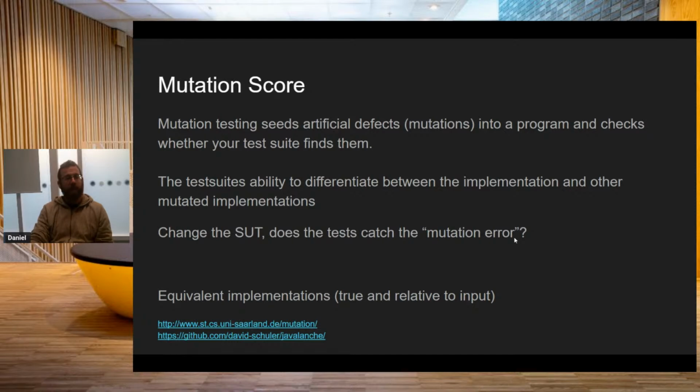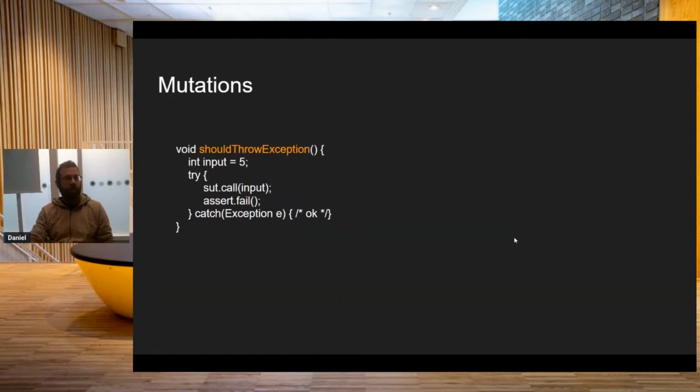There is a problem with mutations, and we're going to look at an example in order to understand that. So here we have a piece of code. It should throw an exception. Oh, this is the actual test, right? So input is 5. We call the method with this input, and we assert fail here because it should throw an exception.